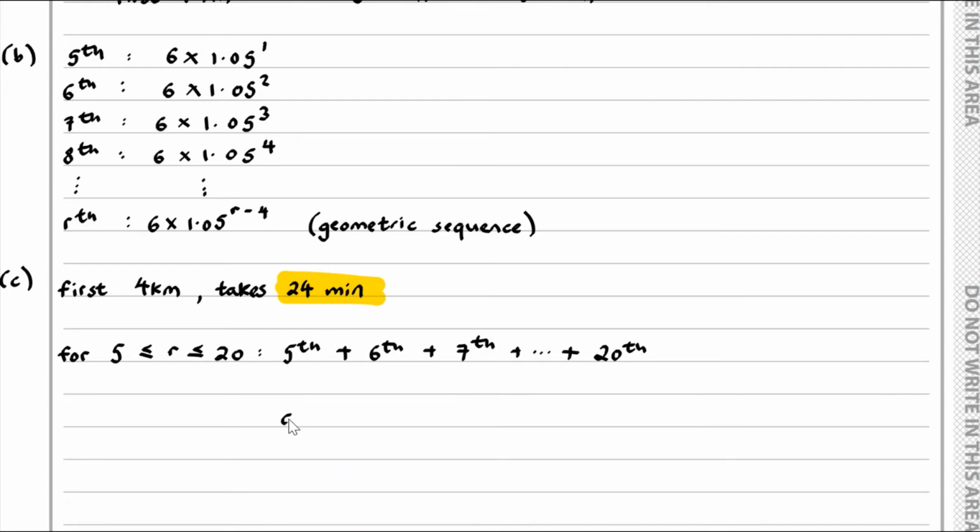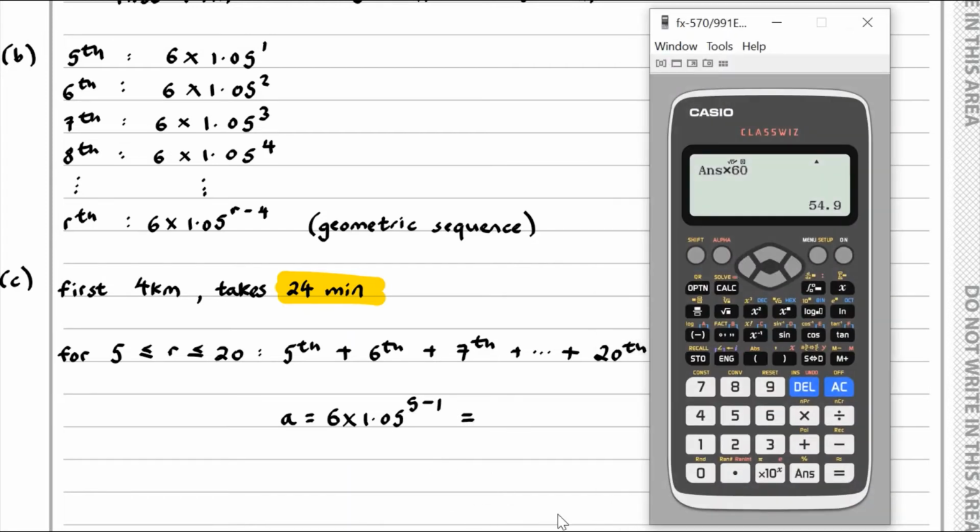So our first term a, that would be 6 times by 1.05 to the power of 5 minus 4. That would be 6.3. The common ratio, r, that would be 1.05.